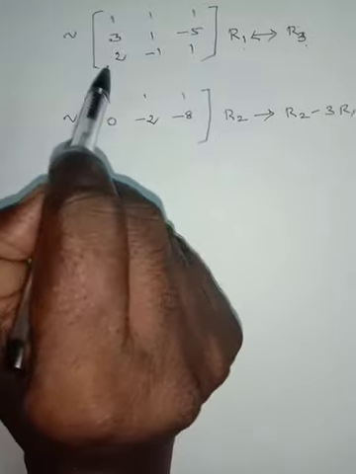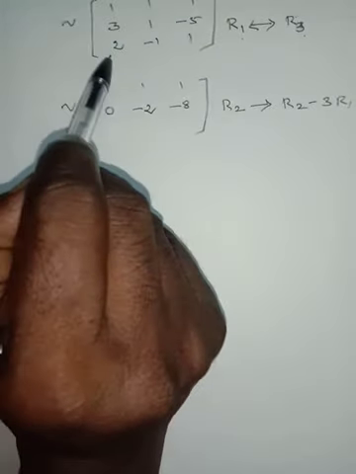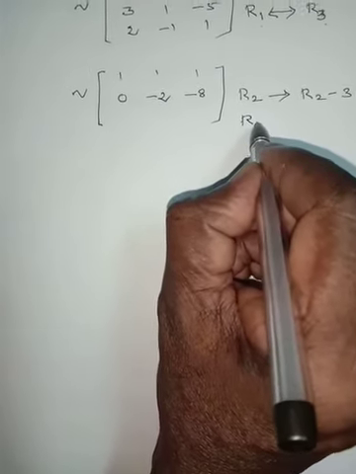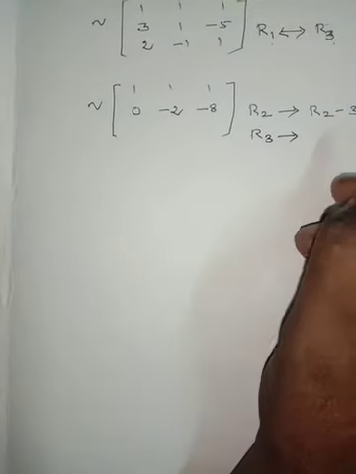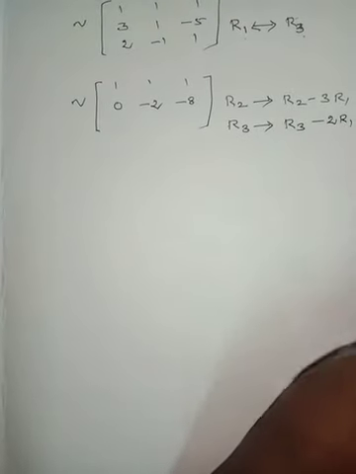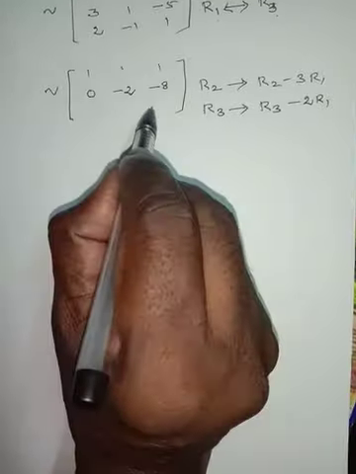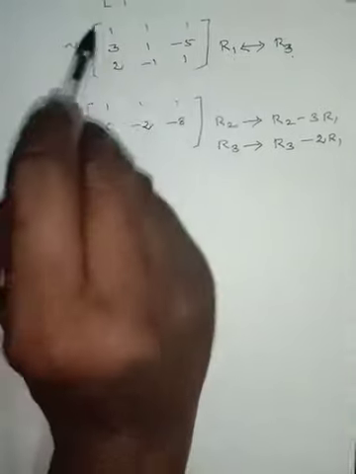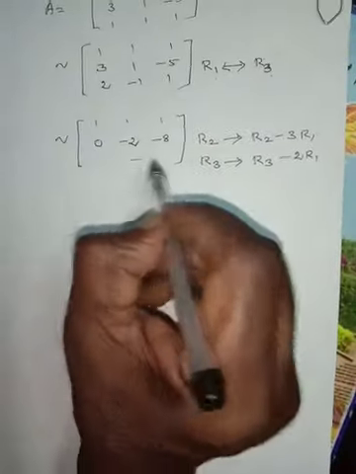Next, multiply the first row by 2, subtract the third row, we get 0. Okay, so the notation is new R3 implies old R3 minus 2 into old R1, we get new R3.